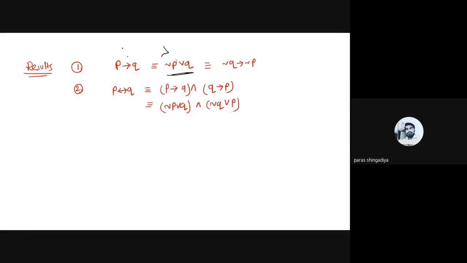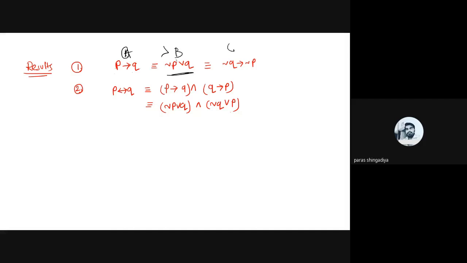If you derive the answer of P conditional Q first, let us say it is A, it is B, and it is C, by using a truth table you will get the same answer in these three columns, so they are equivalent. Then the second one, P biconditional Q, we already discussed in that topic.